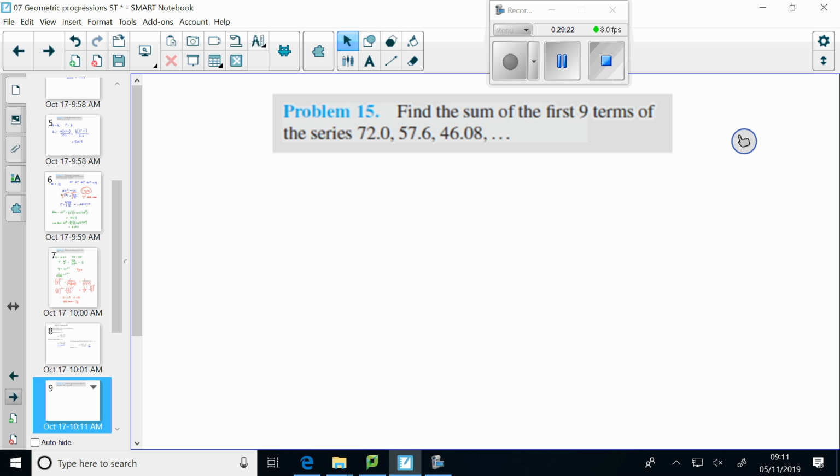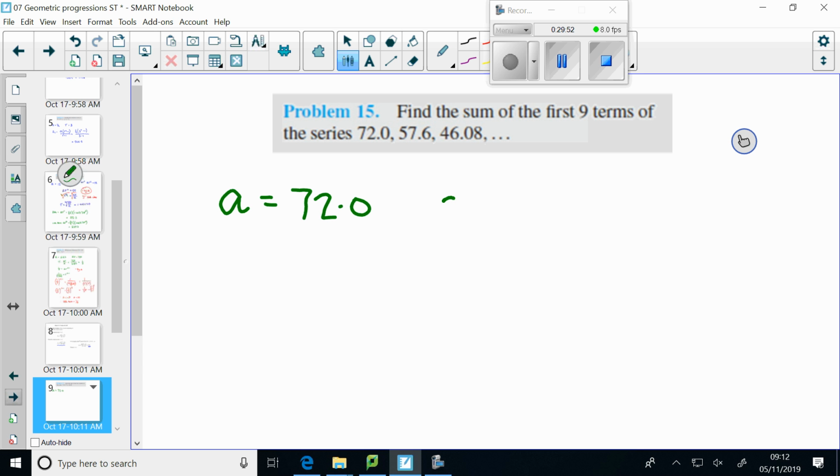Problem 15. Find the sum of the first 9 terms of the series 72, 57.6, 46.08. Alright? So, A is 72.